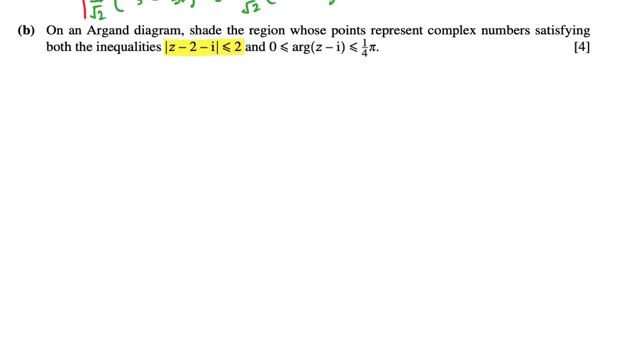I can write this as mod z, taking negative common, plus (2 plus i), less than or equal to 2, which represents the locus of a point in a circle whose center is this and the radius is 2. Okay, let's draw this part.